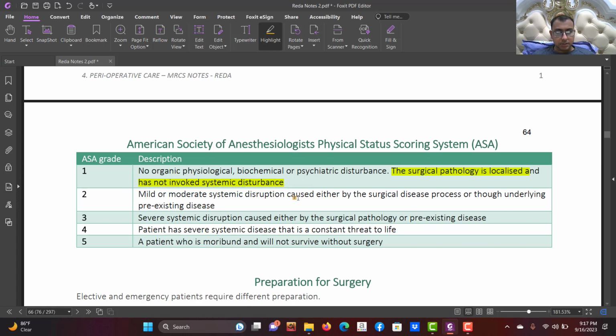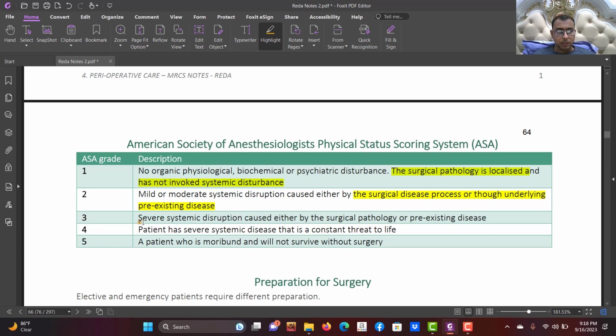Secondly, grade 2 is mild to moderate systemic disruption caused by the surgical disease process or underlying pre-existing disease, like a patient who was previously diabetic or hypertensive, which is a comorbid condition, or repeated attacks of appendicitis or acute cholecystitis, sometimes acute on chronic cholecystitis. That is regarded as a pre-existing disease that may cause mild to moderate systemic disruption. That is ASA grade 2.